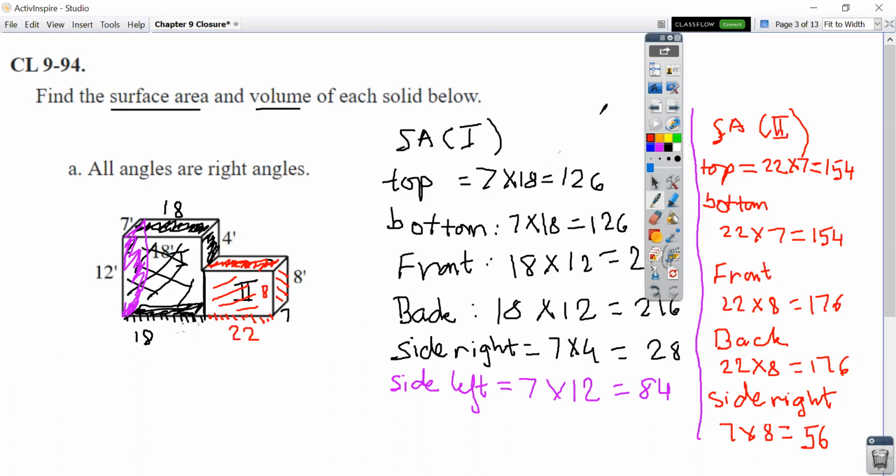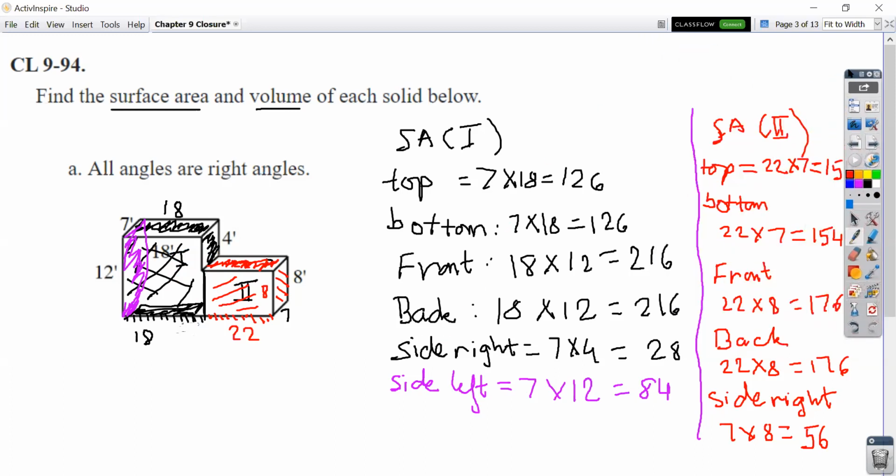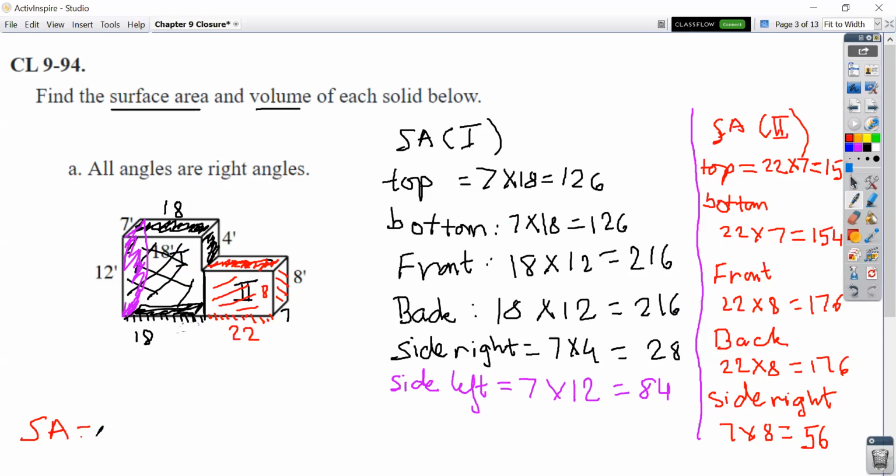All right, so let's find the total surface area of everything. The total surface area of the entire solid, you take whatever you see on the surface area of solid number 1, plus the surface area of solid number 2, the one we just cut into smaller pieces.